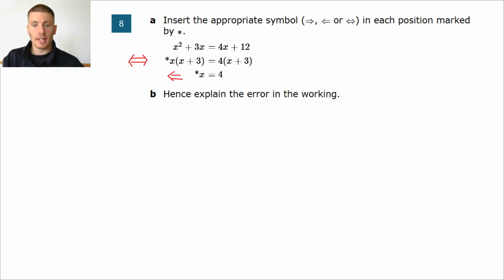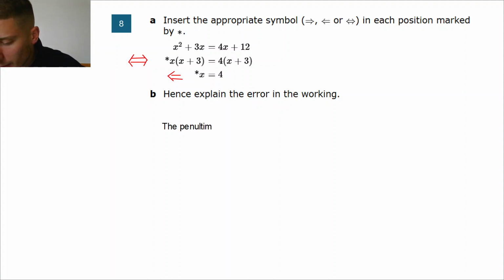Hence, explaining the error in the working, something like this. The penultimate line, which means this line here, does not imply the final line.